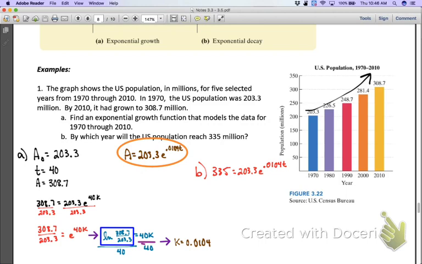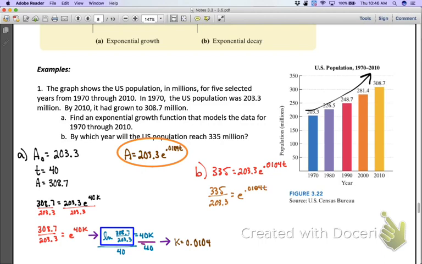I'll still have to divide by the 203.3. I'll end up getting 335 divided by 203.3 equal to e to the 0.0104 t power.